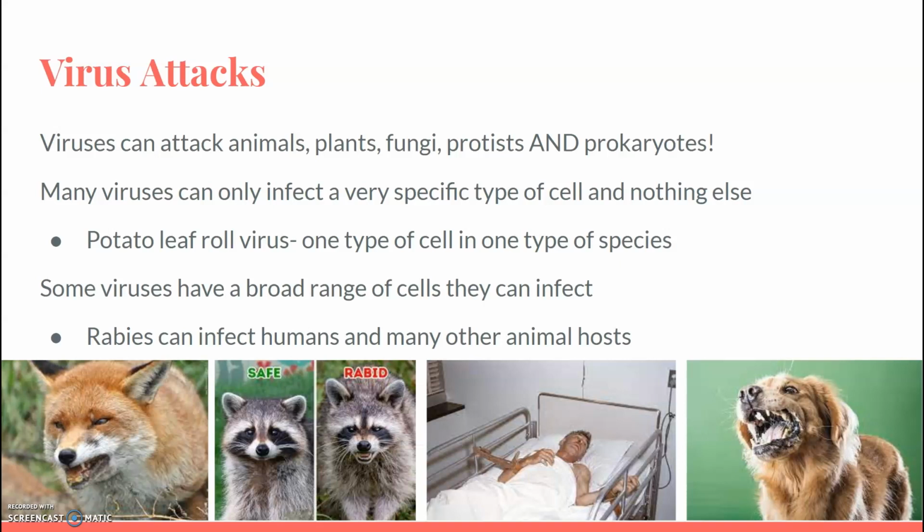So, for example, the potato leaf roll virus only infects certain potato leaf cells, and in that one species, that's it. And then some other viruses have a broader range of cells that they can infect. For example, rabies can infect humans, but also many other animal hosts as well.